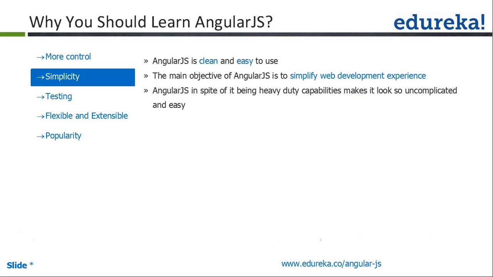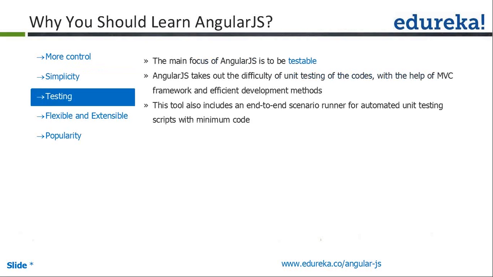Next one, simplicity. AngularJS is really simple and clean. What it means is that each and every AngularJS directive and function is similar to our HTML tags and normal JavaScript functions. So it is easy to learn AngularJS.